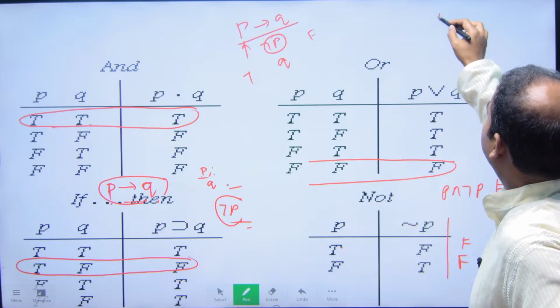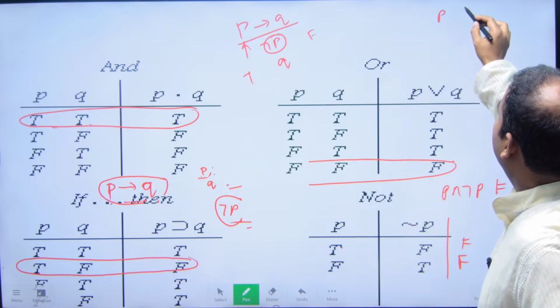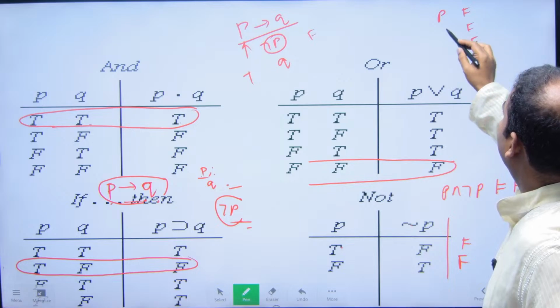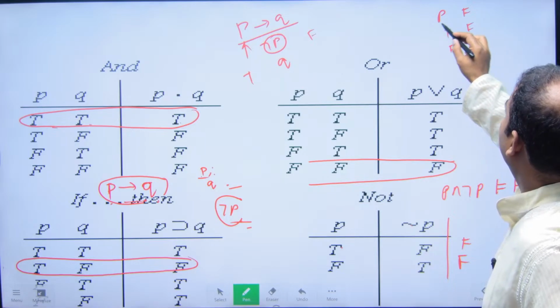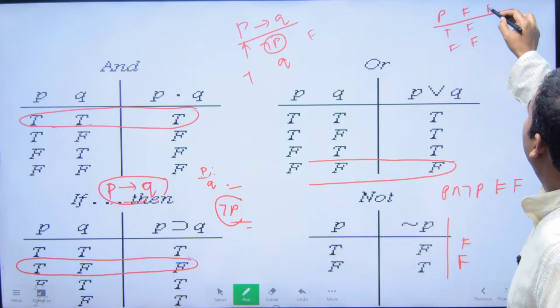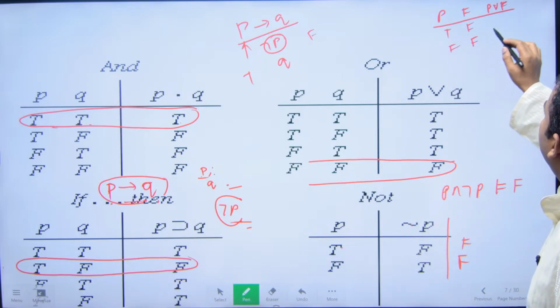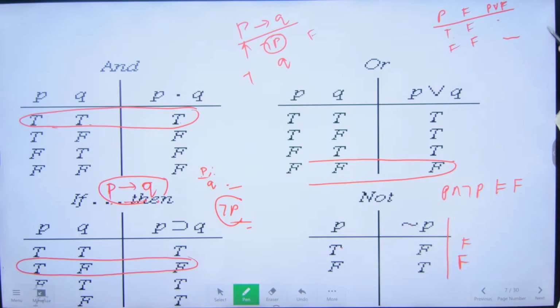For example, if P is given and false means everything is false, and P is true and false. So false or P, or false, will become what? True or false is what?